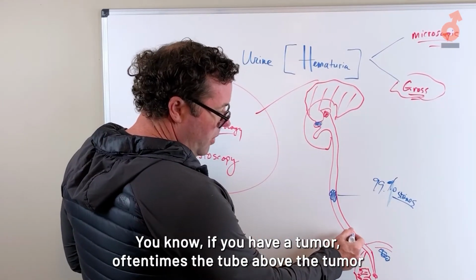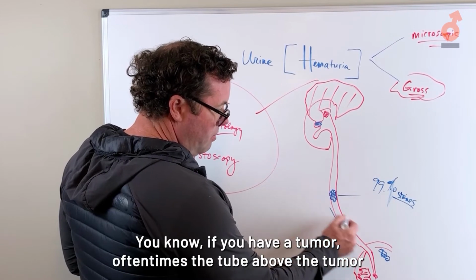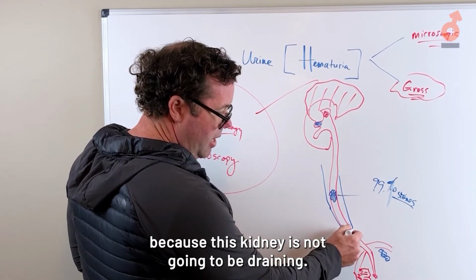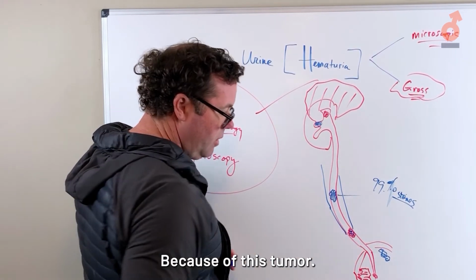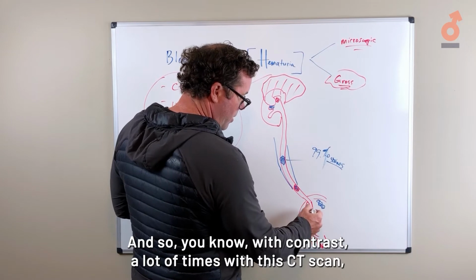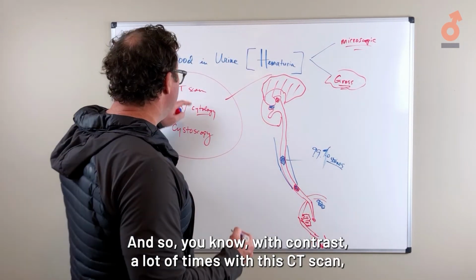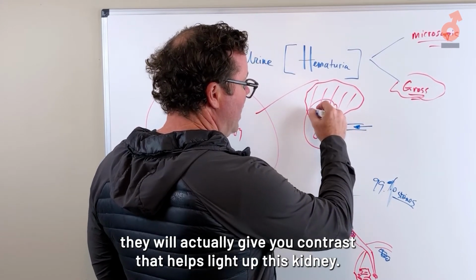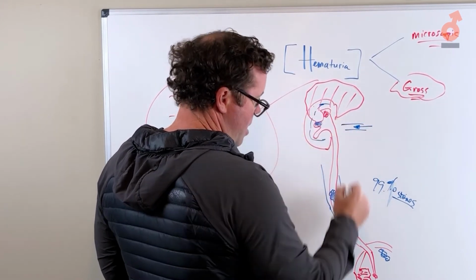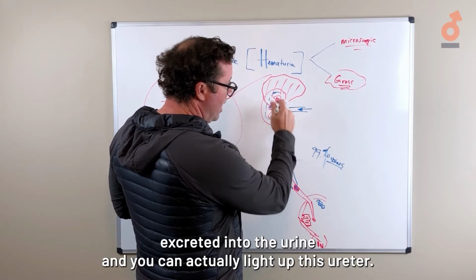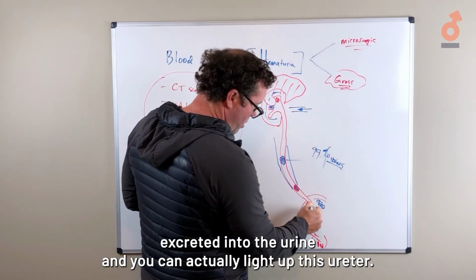If you have a tumor, oftentimes the tube above the tumor is going to be dilated because this kidney's not going to be draining because of this tumor. You get a decent look at the bladder, and so, with contrast, a lot of times with this CT scan, they will actually give you contrast that helps light up this kidney and the contrast is excreted into the urine, and you can actually light up this ureter.